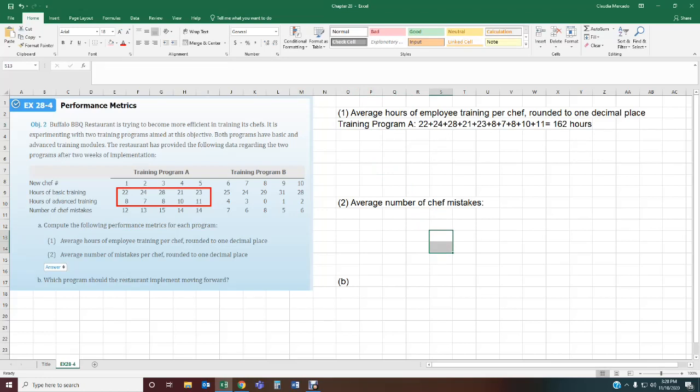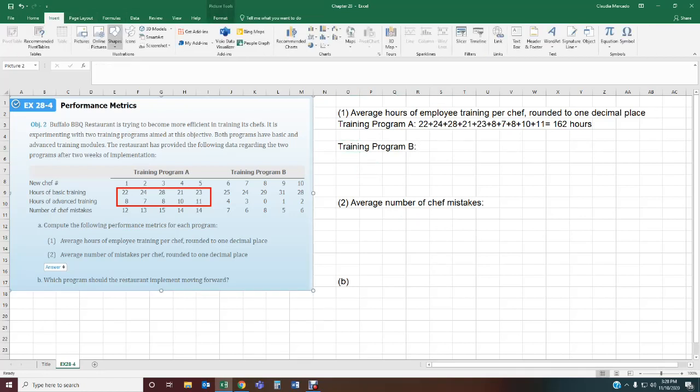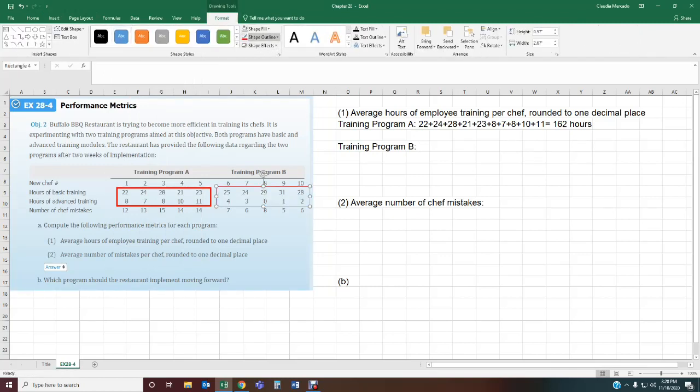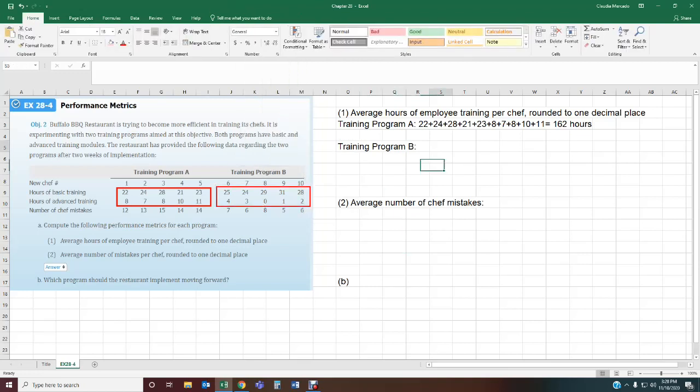We're going to do the same thing, but now for program B. We're going to have the same data being picked up, but now for training program B. We're going to add all of our basic training plus our advanced training hours.